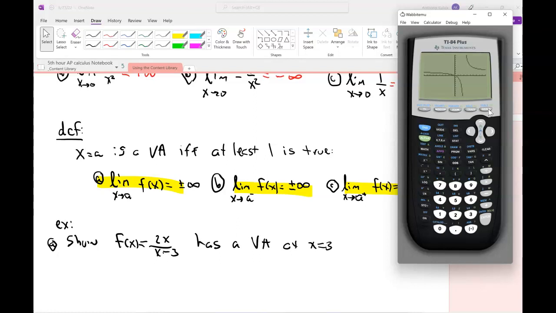Okay, so there's our graph. Notice here that at x equals 3, the right-hand limit appears to be positive infinity, and the left-hand limit appears to be negative infinity. Everybody agree with that? So that meets both criteria B and criteria C. Just one of them would have been enough, but we have both, which is fine.